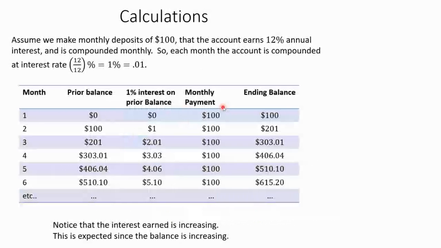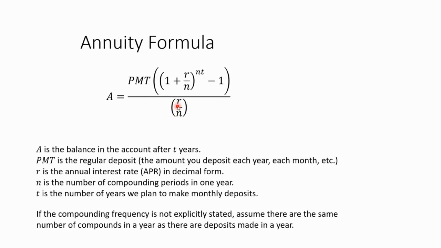In the previous calculation, we did that. We were making a deposit each month. Each month, the account was compounded. I'm not sure what the formula would look like if that wasn't the case, but we're not going to worry about that. I think people do consider that, but the formula gets pretty complicated. All right. So that's what this formula is.